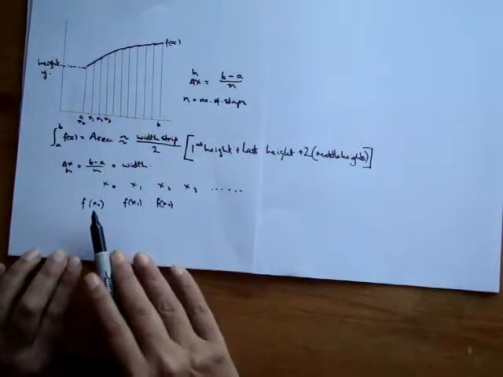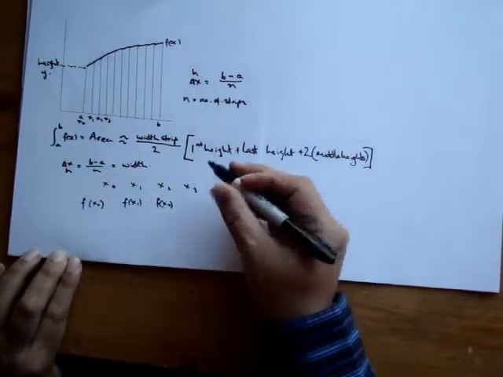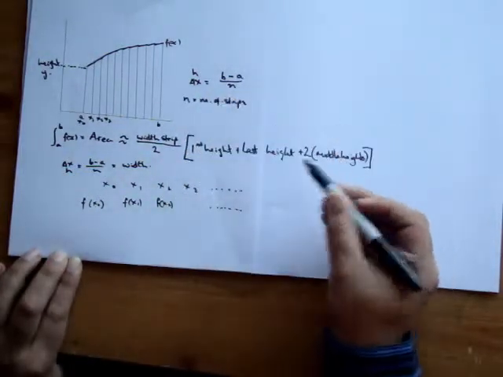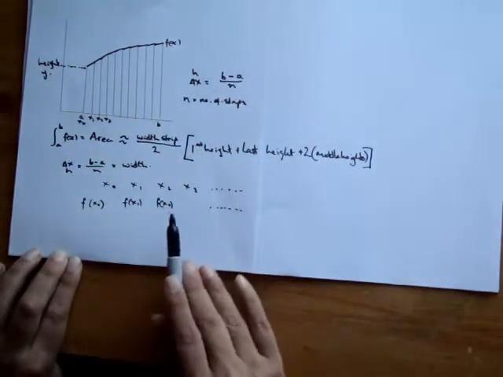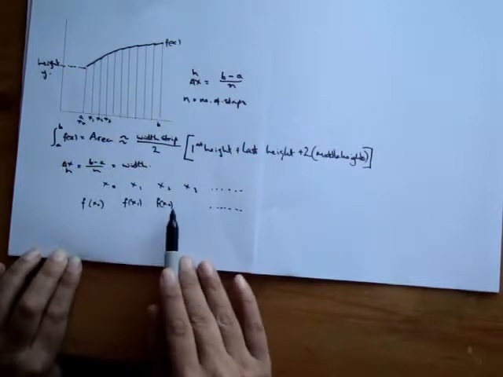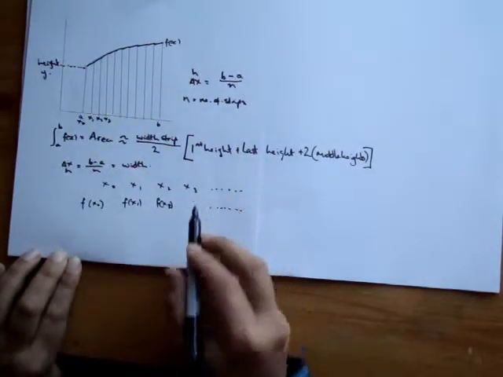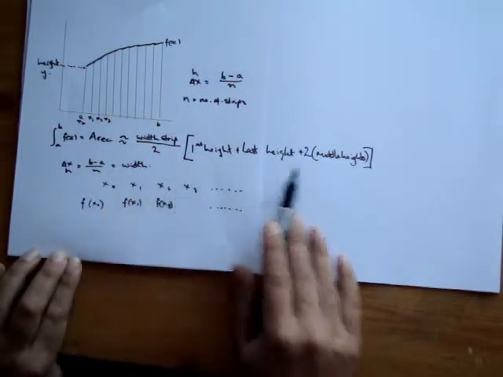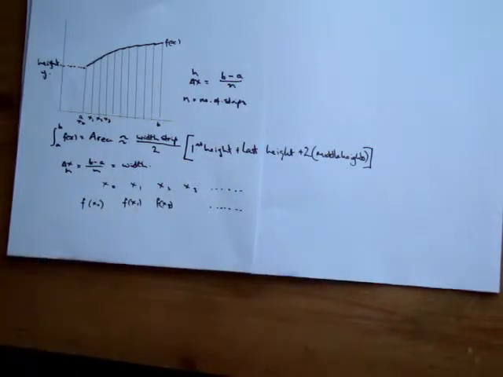And then that would be the first height. What we work out right at the end for b, that would be our last height. And then anything in between x1, x2, x3, those would be our middle heights. We plug them into our trapezoid rule, and that is an estimate of the area. Let's have a look at using the trapezoid rule.